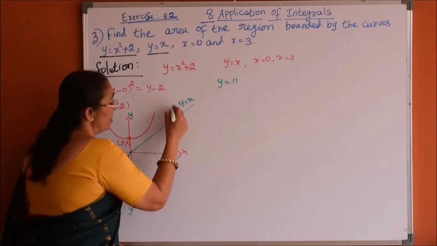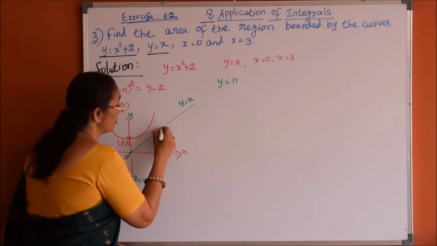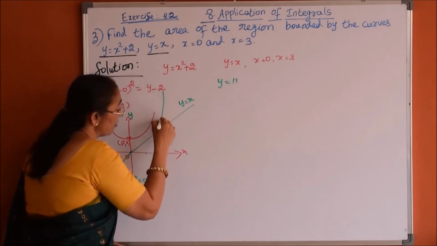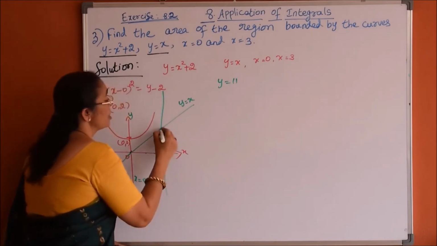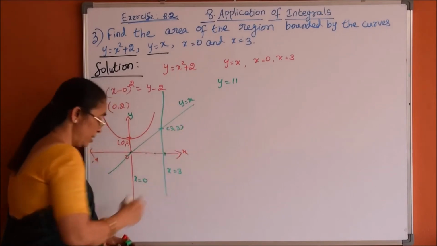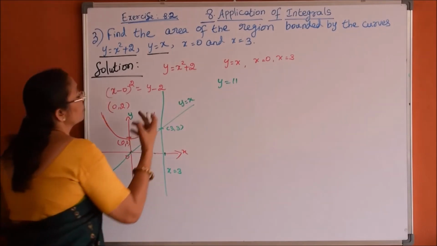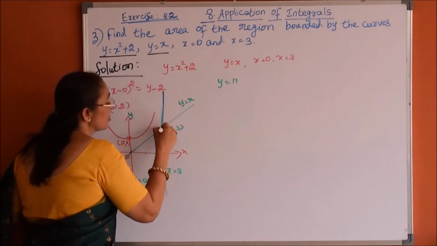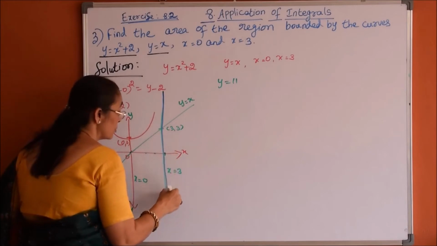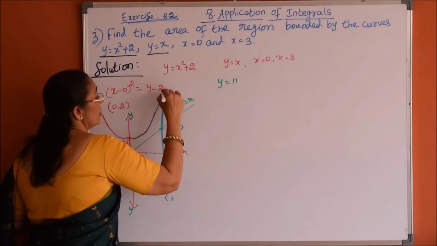Okay, first we take this portion. So here, 3, 3, this one. This is the line. This is the point 3, 3 and the line is nothing but x is equal to 3. Fine. So let us use another pencil. And the parabola intersects the curve here.